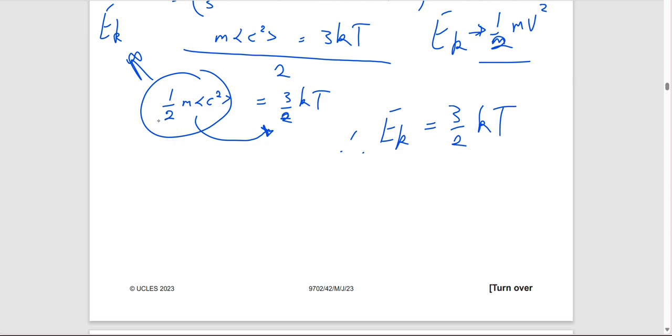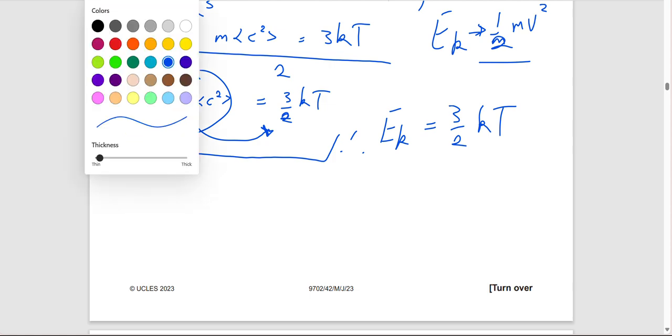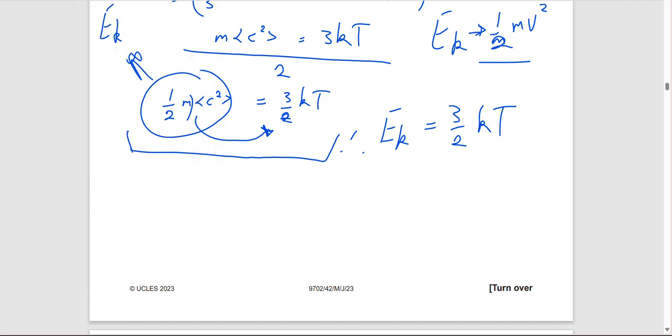The relationship that we want really comes from this equation here. If we strip all of this and make all of this constants, our relationship is that c squared is directly proportional to T, right?